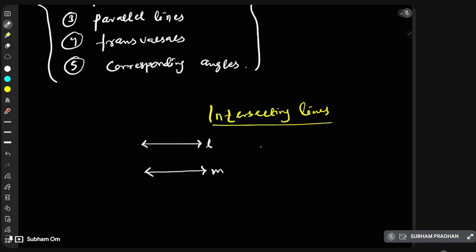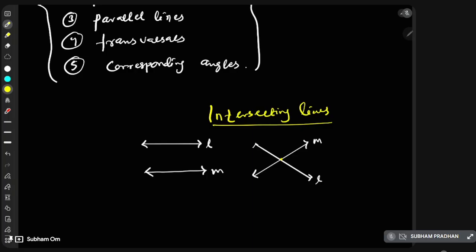This is line L and this is line M. These two lines are crossing each other at a particular point here. They are intersecting.